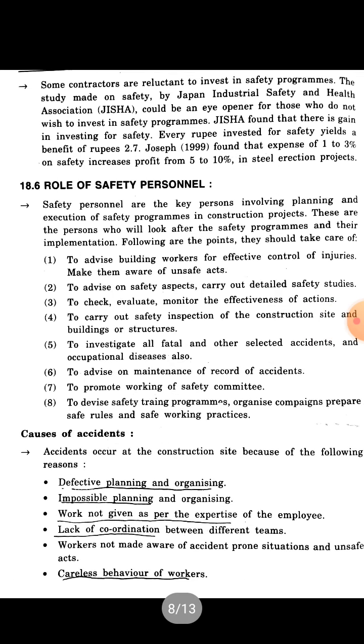Now next is the role of safety personnel. So what is the role of safety personnel?